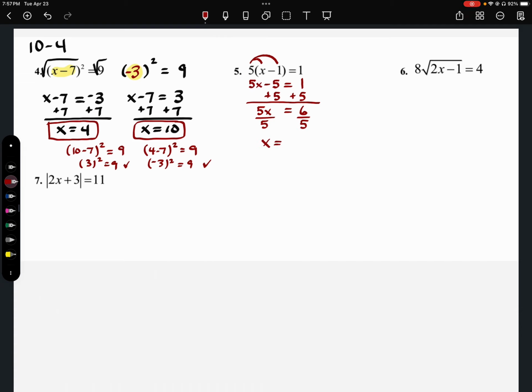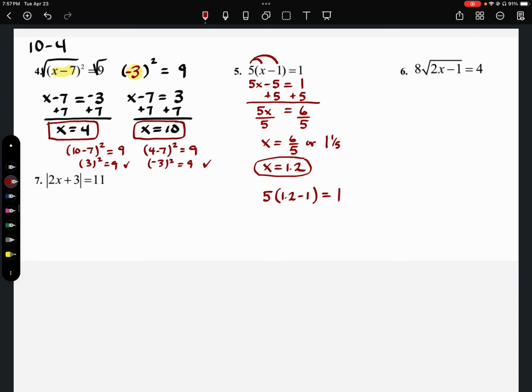And x equals 6/5, or that'd be like 1 1/5, or some of you may even type it in the calculator. You might get x equals 1.2. All three of those values mean the same thing. And so if you wanted to check it, you could take it and you could plug it back in. Let's say 5 times 1.2 minus 1 equals 1.